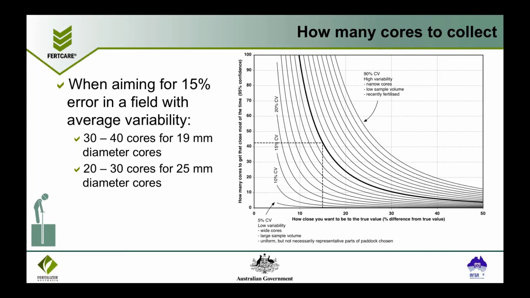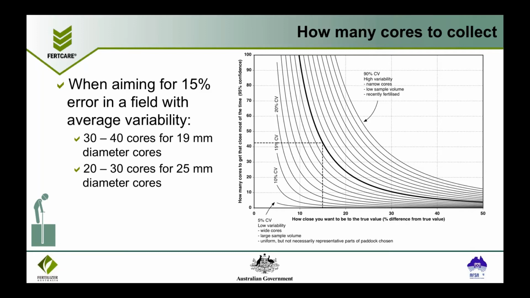And this information is based very much in statistical theory, and basically what we're showing here is the representation of that statistical theory and how it applies to your sampling strategy in relation to the number of cores that you want to collect.